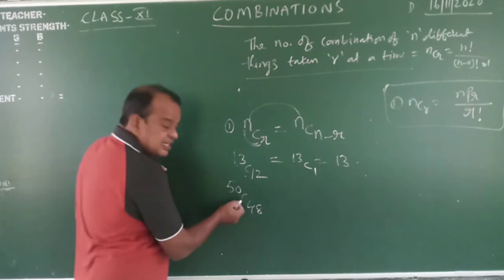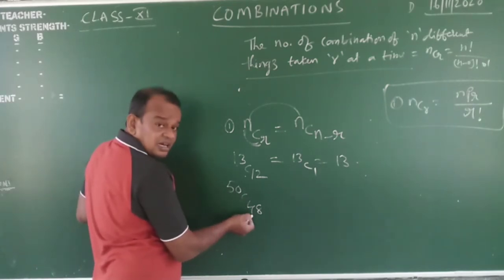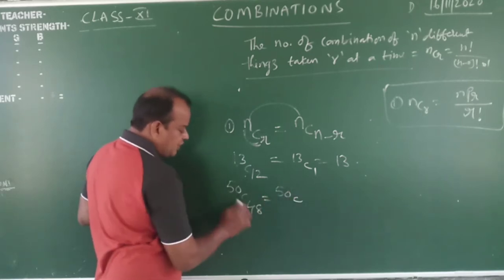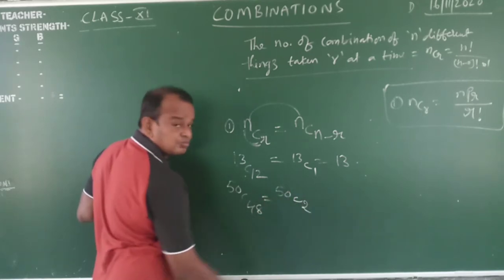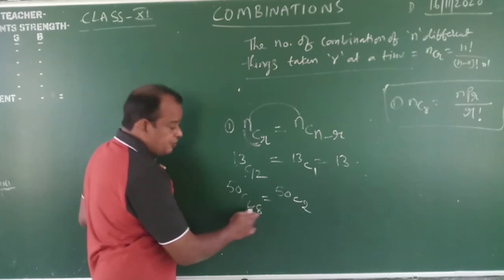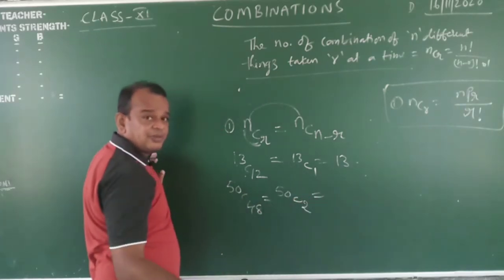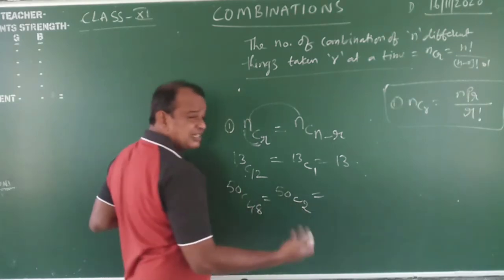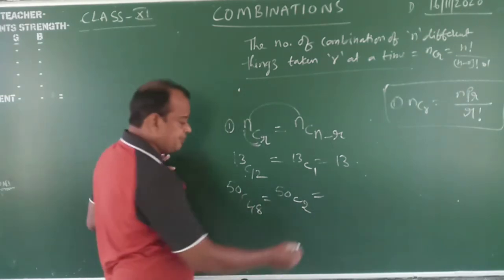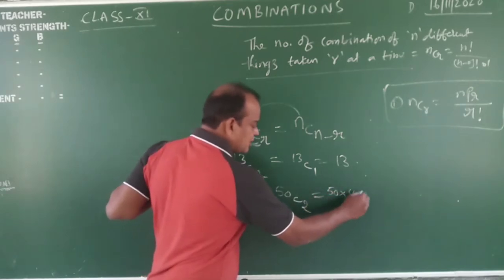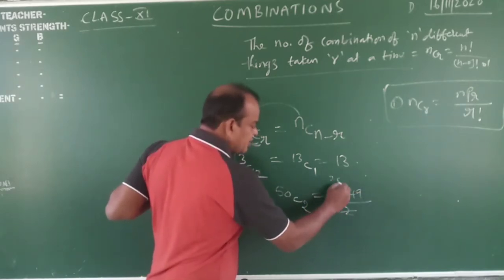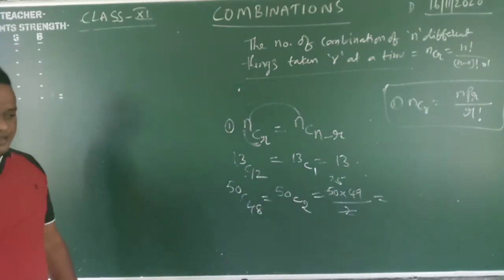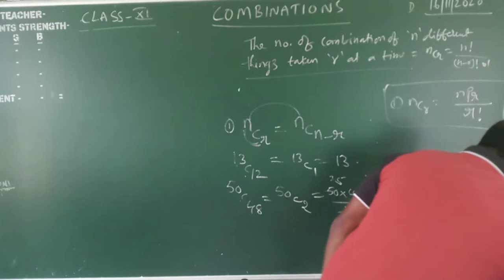This is nCr, and by the formula nC(n minus r), it is 50C(50 minus 48), which is 50C2. nC2 is n into n minus 1 by 2 factorial, so 50 into 49 by 2, that is 25 into 49. Multiply, you get the answer. That is the first property, my dear students. I hope that you understood.